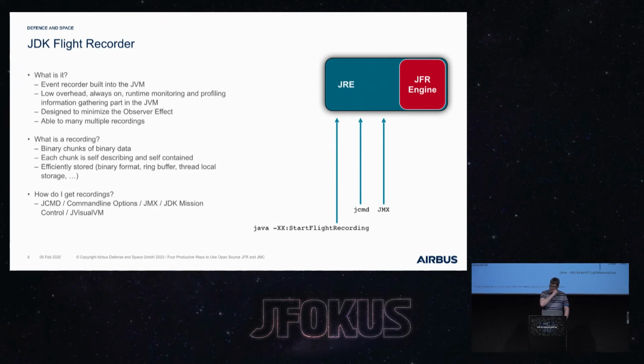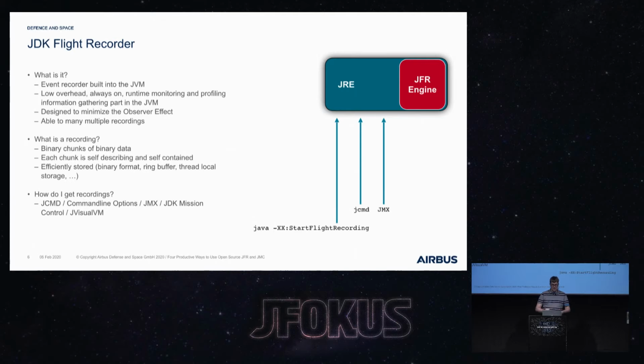Each chunk in itself is self-describing and self-contained, so any information each chunk wants to show, like constant pooling, like command line arguments or whatever, is contained in that chunk, including the definition of the data types. So each chunk can be analyzed by itself.